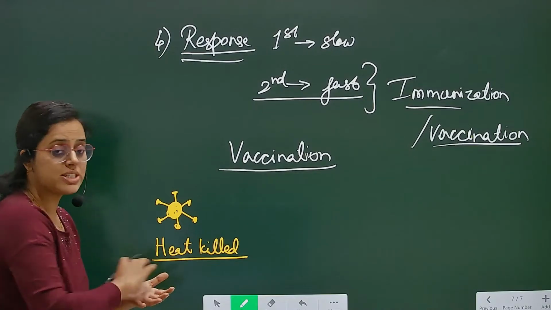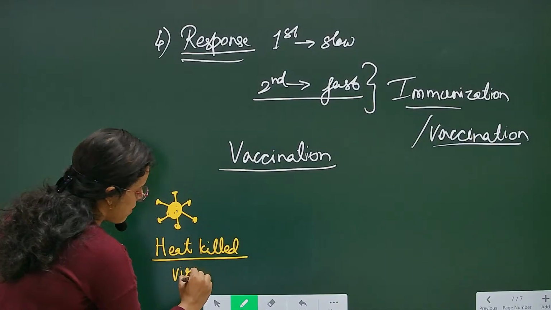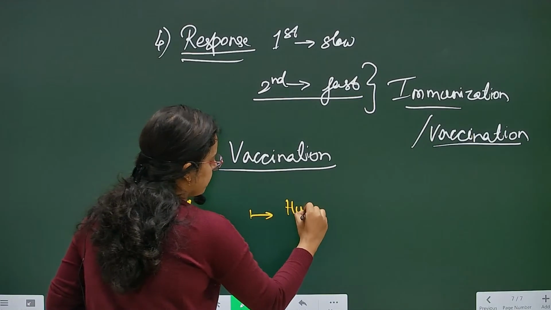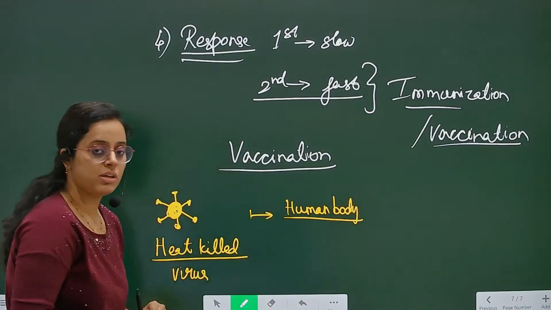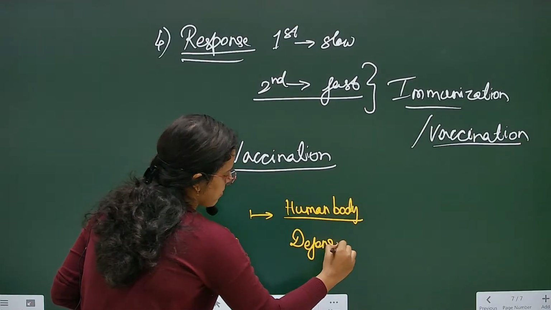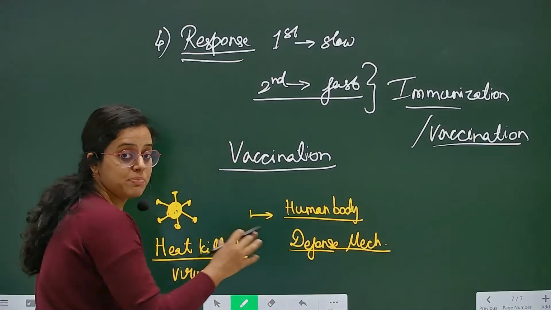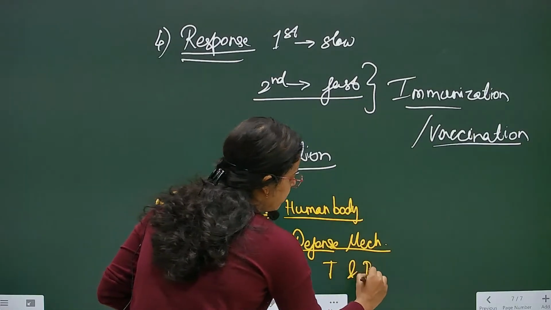The pathogenicity of the virus has been removed. The heat-killed virus enters the human body, and the human body has defense mechanisms. What are these defense mechanisms? Primarily in acquired immunity, I am talking about T lymphocytes and B lymphocytes.